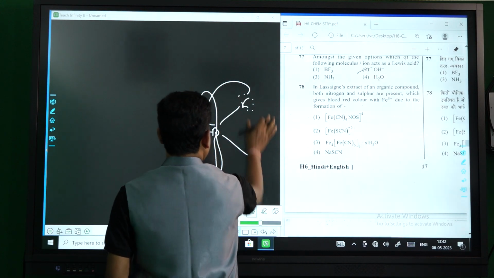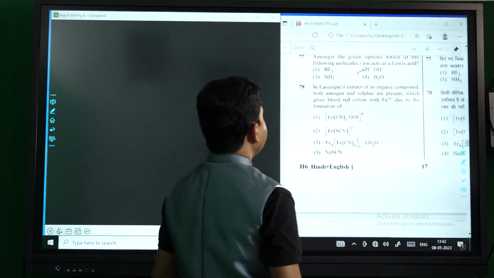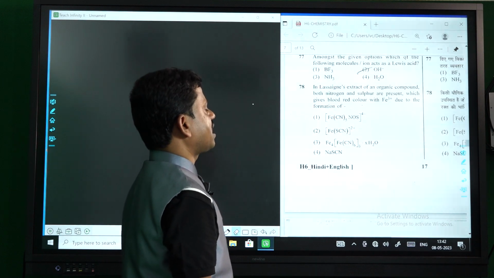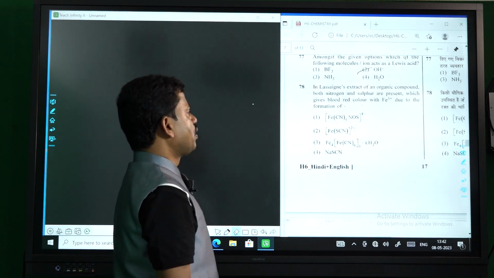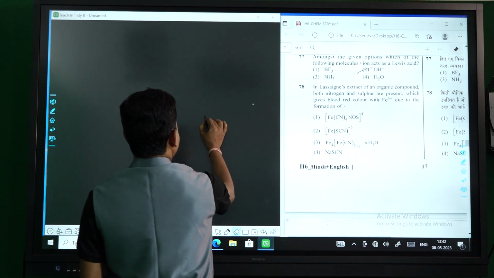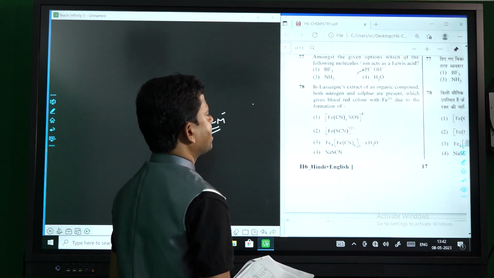So question number 78. In the Lassaigne's extract of an organic compound, both nitrogen and sulfur are present, which gives a blood red color with the Fe3+ ion. Dear students, remember that if the SCN ligand is present, obviously you will get a red color.